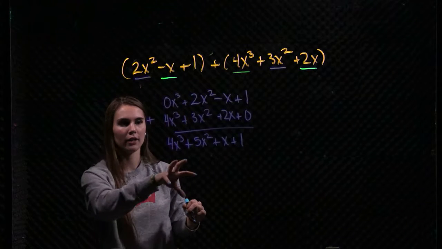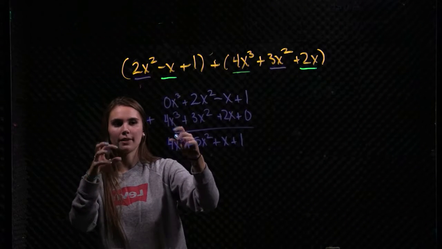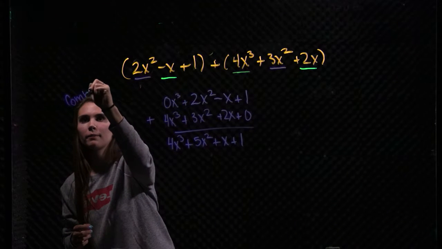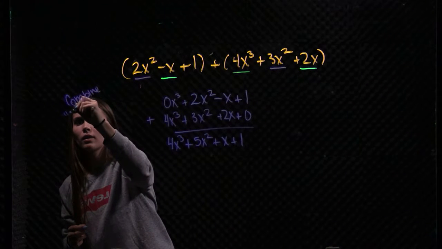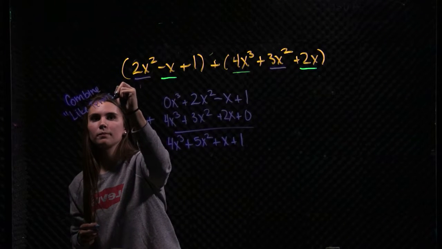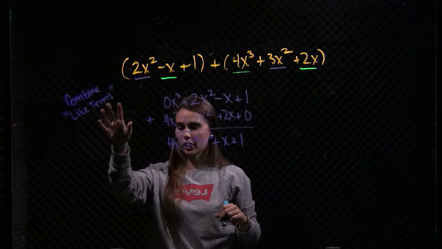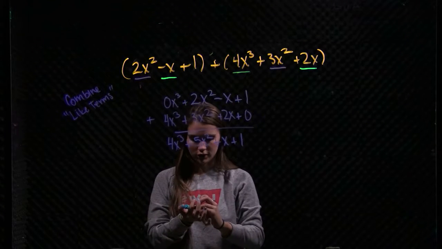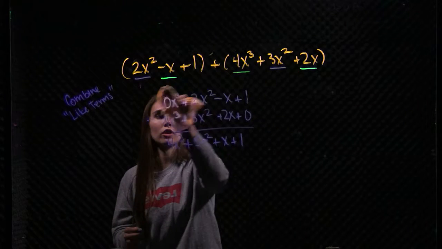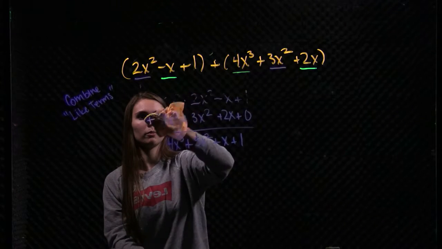So that's how we add polynomials together. We just combine the like terms. So I'm going to say over here, combine like terms. And that's the strategy that we're also going to use in subtraction. So let's try a subtraction problem.